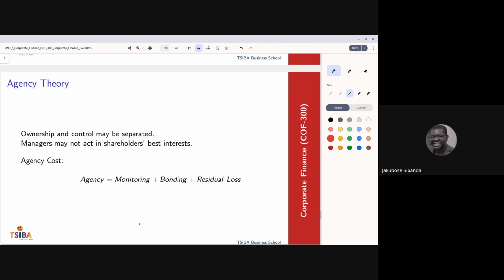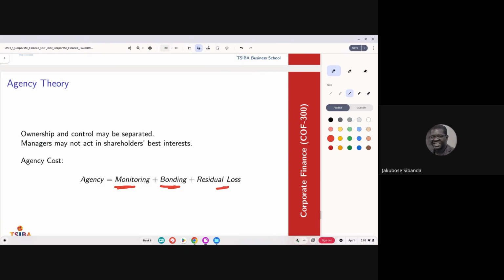So agency costs: we are talking about monitoring costs, bonding costs, and then residual loss. Agency cost comes in different forms.